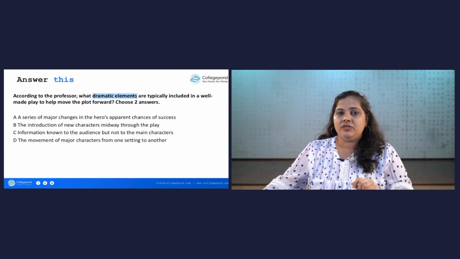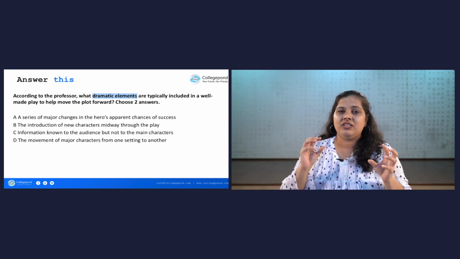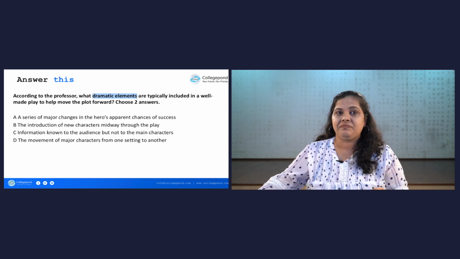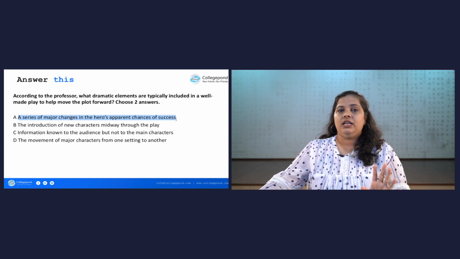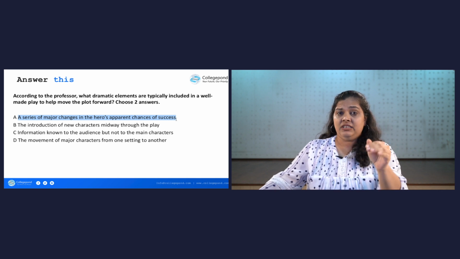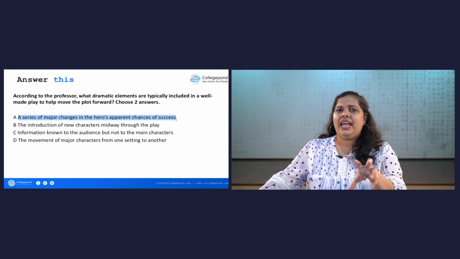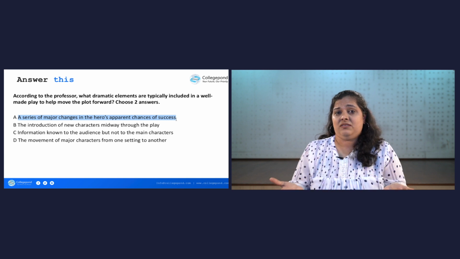Let's look at the options and see if they match the examples that we heard, at least a little bit. The first option says a series of major changes in the hero's apparent chances of success. While you may not have heard these exact same words in the file, did you hear anything related to the changes in the hero's condition?